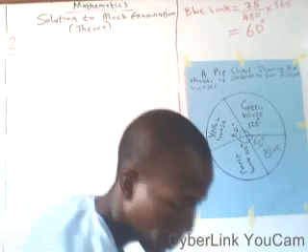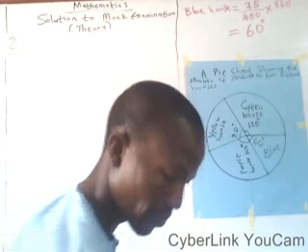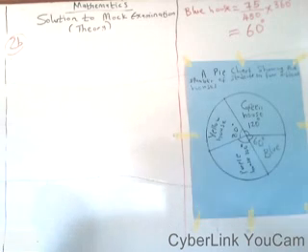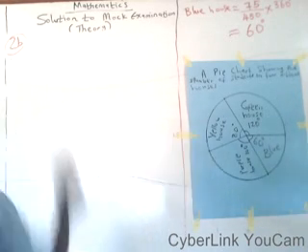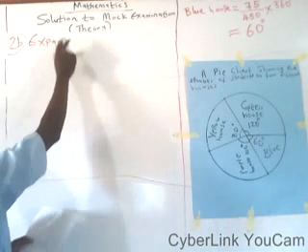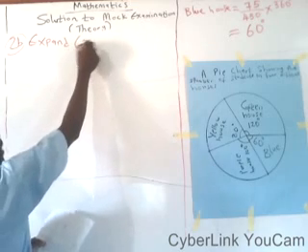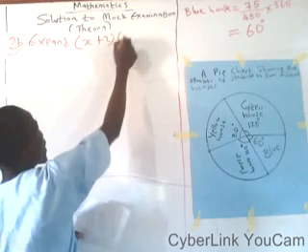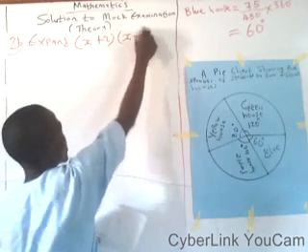Now 2B. Question 2B says expand x plus 2 and x minus 3.